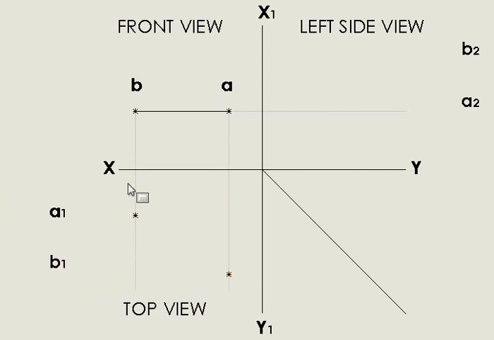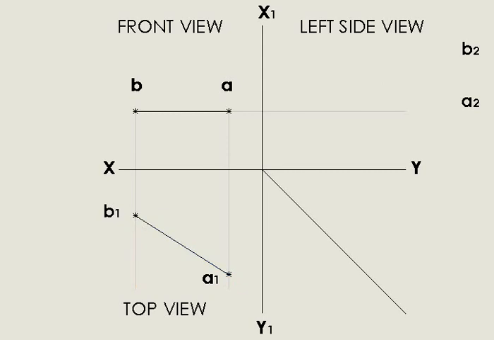Which is which? If it falls along this line, for letter B, it must be B1. So let's label it straight away. And along point A's line, it must be A1, isn't it? So if I have 2 points, what do I do straight away? I join them, because we are working with lines.